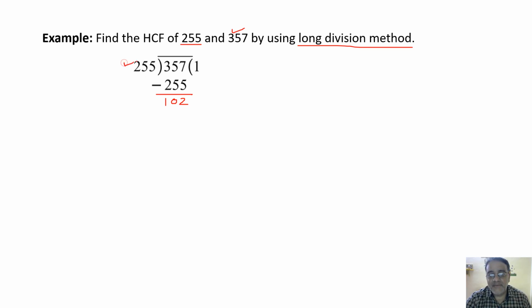Again the smaller number we will divide by this remainder. So 102 into 2. So we'll get 204. Again subtract, find the remainder. So we got 51. 51 is not 0. So now we will divide the previous remainder by the new remainder.